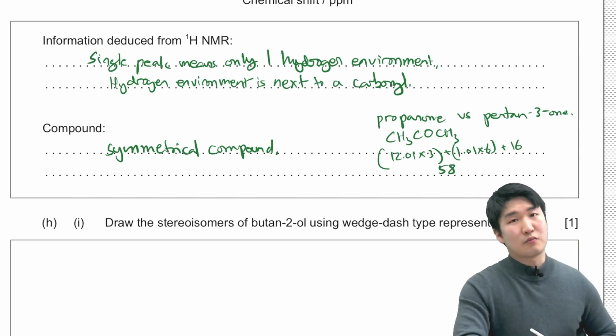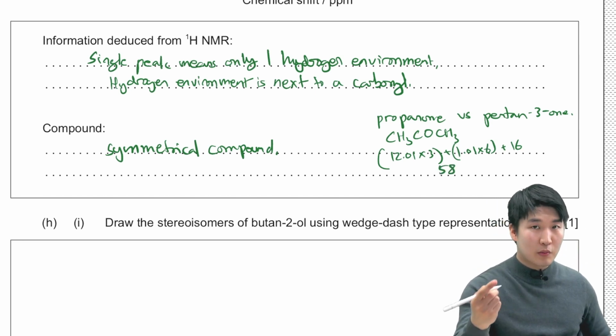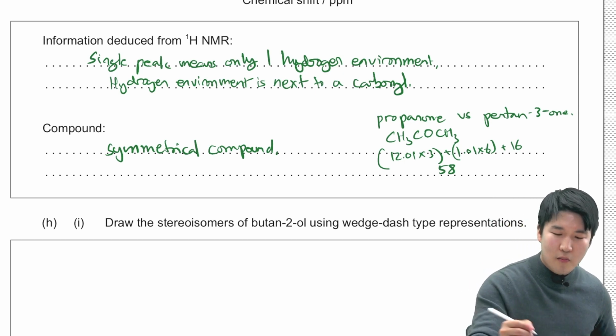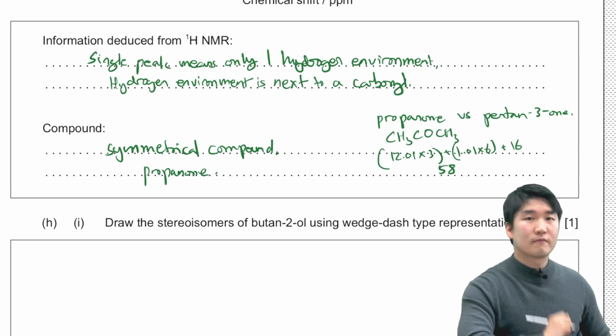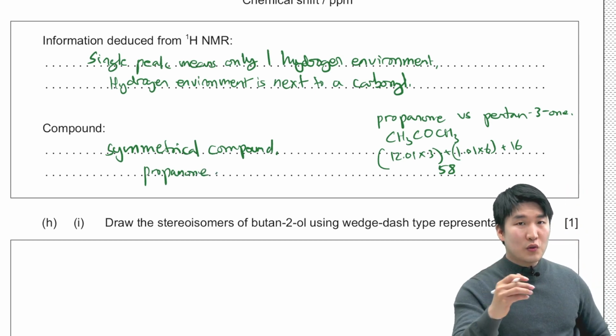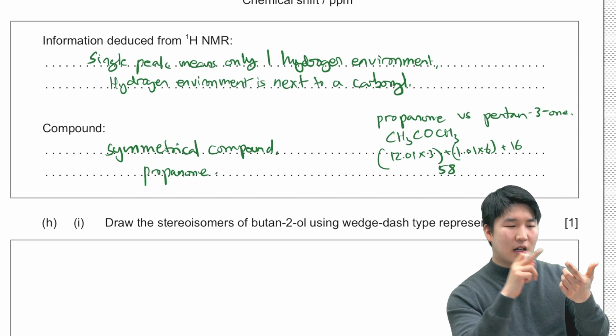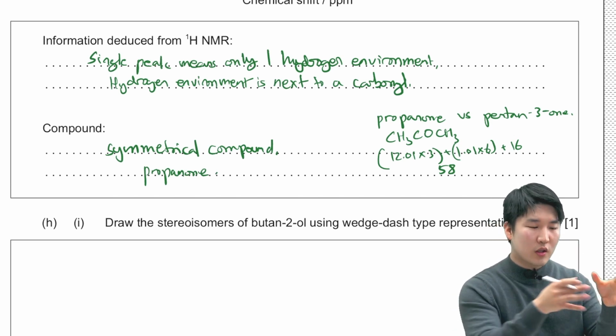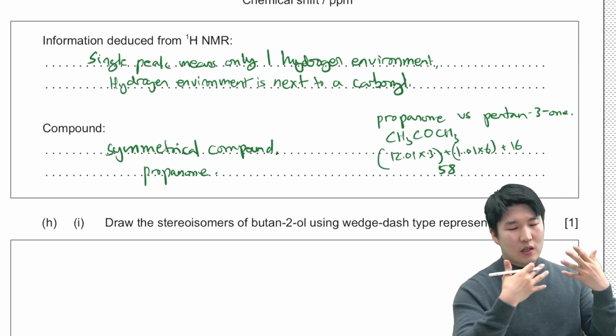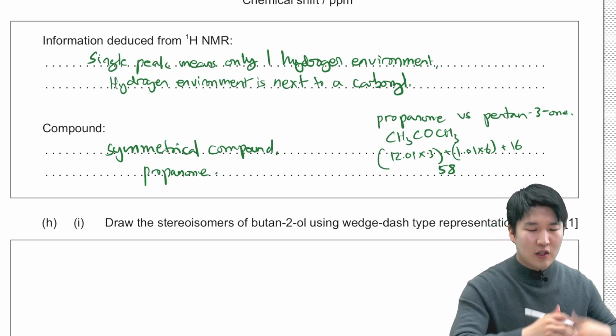Our answer is propanone because the Mr of propanone is 58. So the compound is propanone. We have used mass spec data, IR data, and NMR data to work out the identity of the unknown compound.